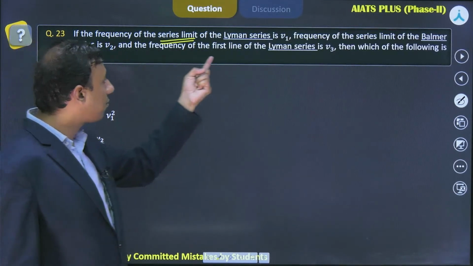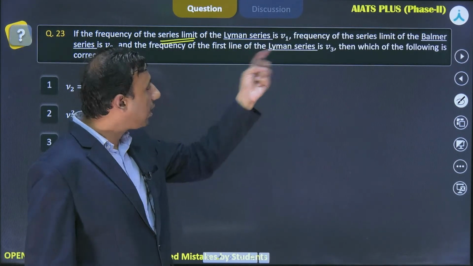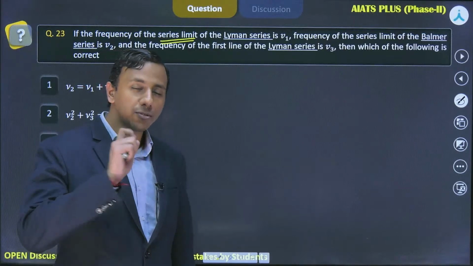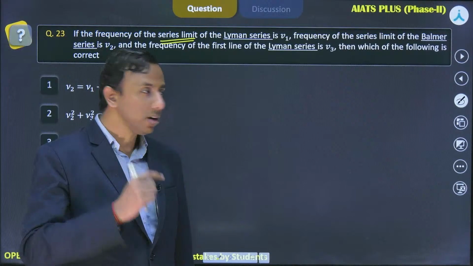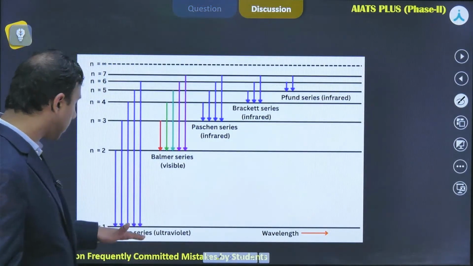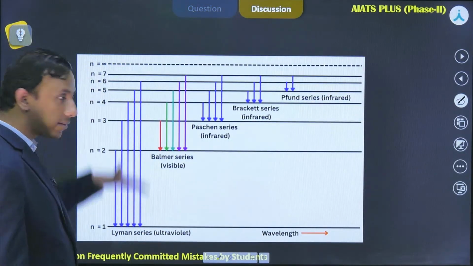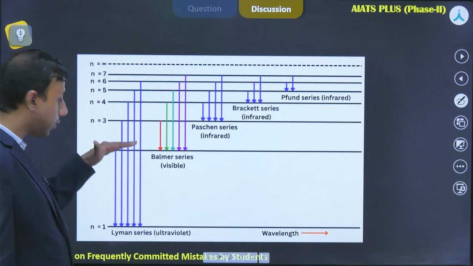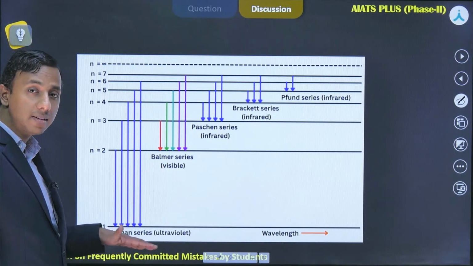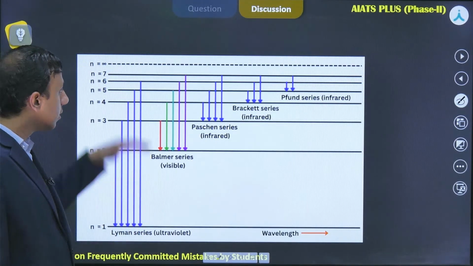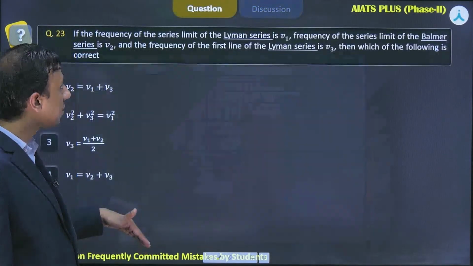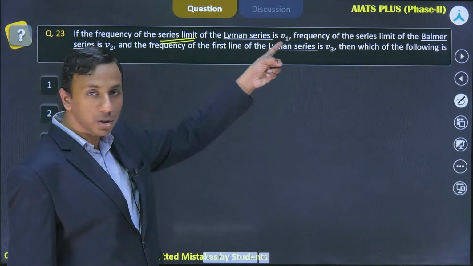The frequency of the first line of Lyman series is nu 3. So what is the first line of Lyman series? 2 to 1, isn't it? If you remember this diagram, the Lyman series lines, the first line is 2 to 1. And what is the series limit? Series limit means from infinity to 1, for Lyman series. So please remember, the series limit is nu 1.